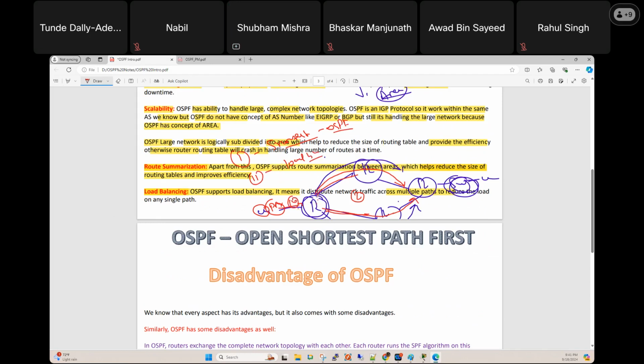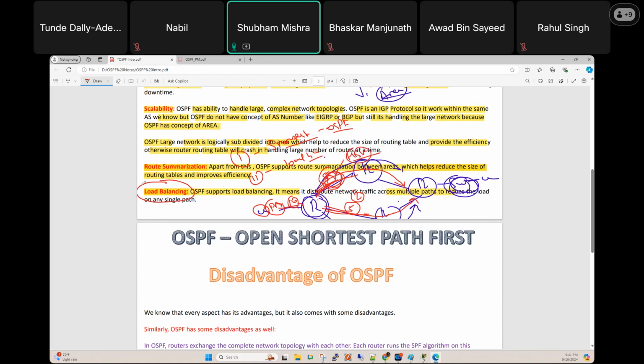Maybe this router forwards 5 packets through this path and 5 packets through this path. So what is the benefit? If you send all 10 packets through this link, the utilization on this link is high. So what we can do is reduce the load on the link and send the other packets through the other link, but how? On the basis of load balancing.